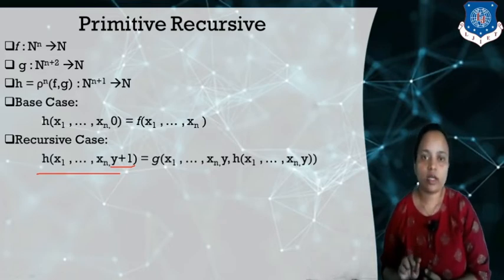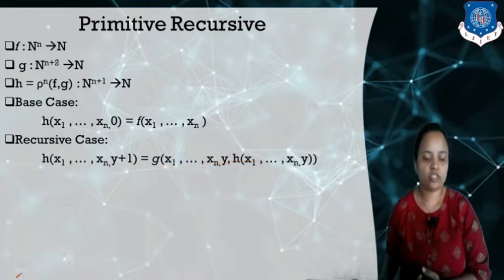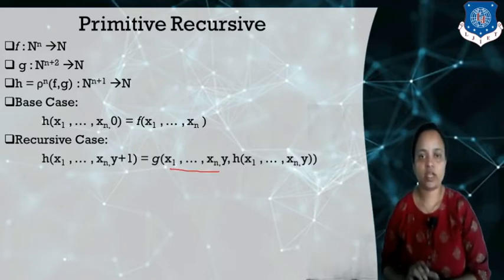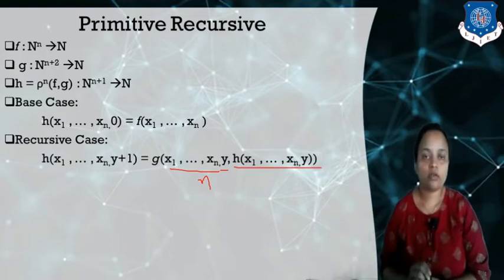Here we take y plus 1 as a final input, and we define our recursive function in the form of g. This g takes x1, x2 up to xn as inputs, the second input is our y, and the third input recursively calls our h function.